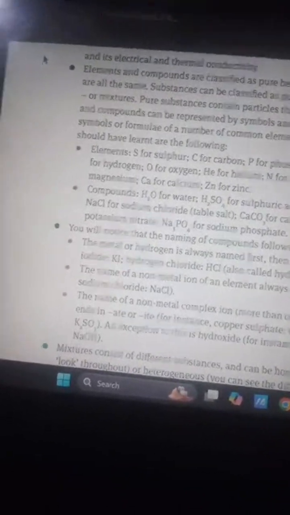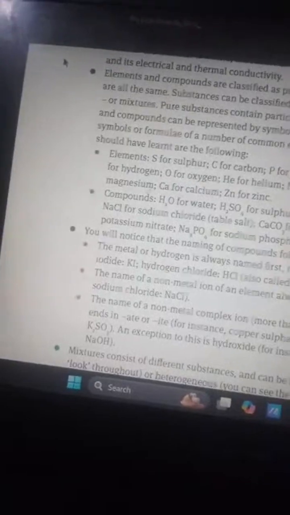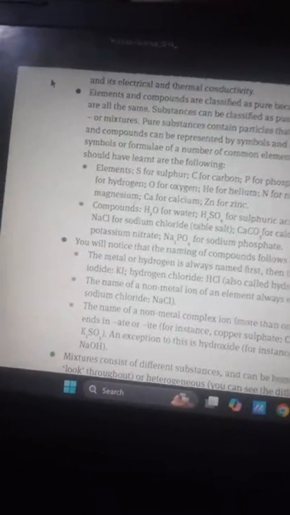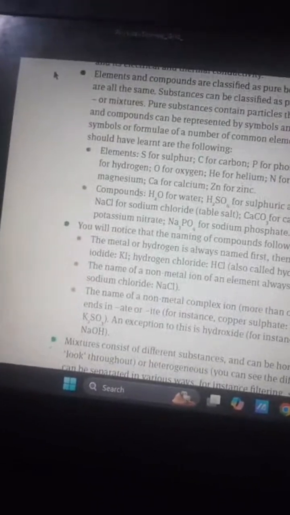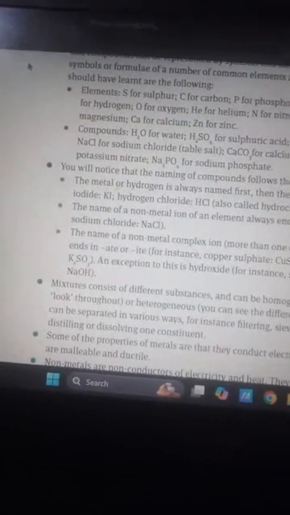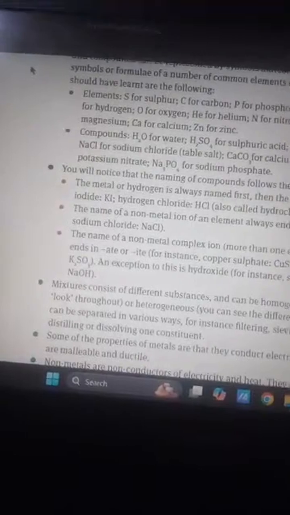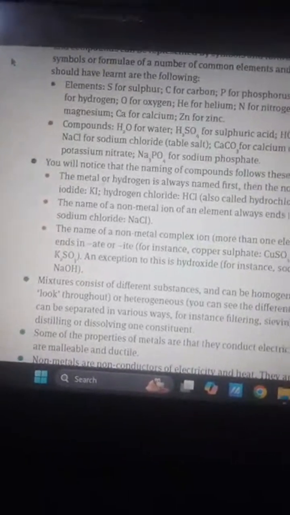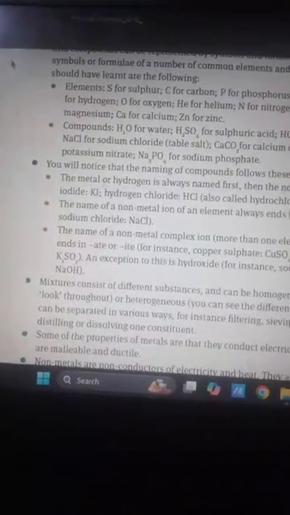For example, the element sulfur can be represented as S, carbon as C, and phosphorus as P. We also have compounds like water that can be represented by H2O, and sulfuric acid that can be represented by H2SO4.